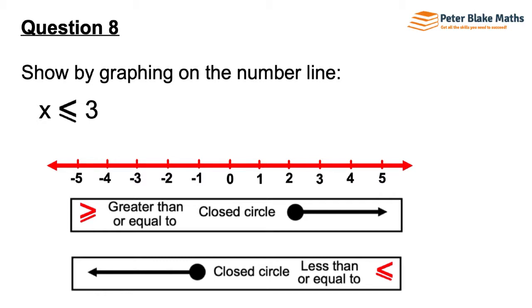So here, we're going to put a dot on the 3, and it's a closed dot because it's a less than or equal to sign, and the arrow goes to the left, just like the less than or equal to inequation symbol points to the left as well. So I hope that helps, that sort of thinking.